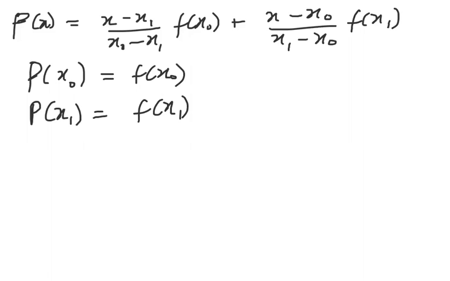So this is what we expect when we are talking about polynomial interpolation. We should expect the polynomial P that we're going to find to give us the values of F at those particular points. If this situation happens, we say that this polynomial P is interpolating the given data.